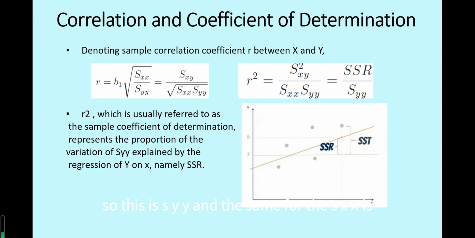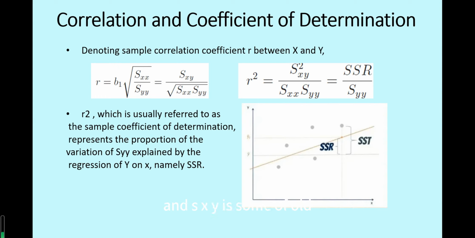So this is Syy. Same for Sxx: it is the sum over all observations of the x variable against its mean, squared, then summed together for all the x variables.